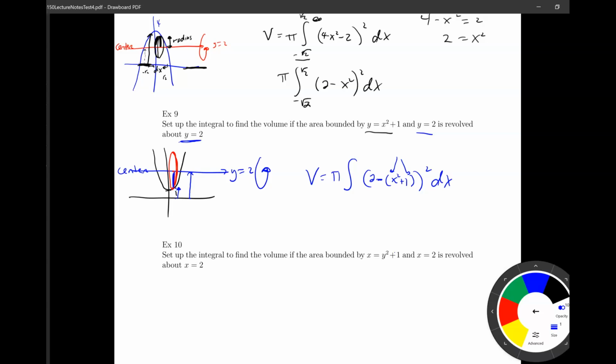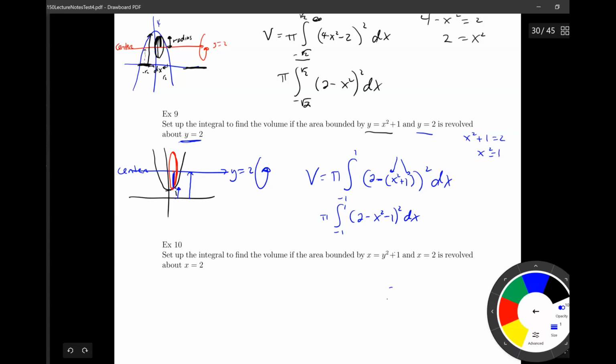And then again, I need to set the x squared plus 1 equal to 2. So I get x squared is 1. So x is equal to plus or minus 1. So again, inside here, I'd have 2 minus x squared minus 1, all squared. You could simplify that. I just wanted to reiterate that this negative has to carry through.